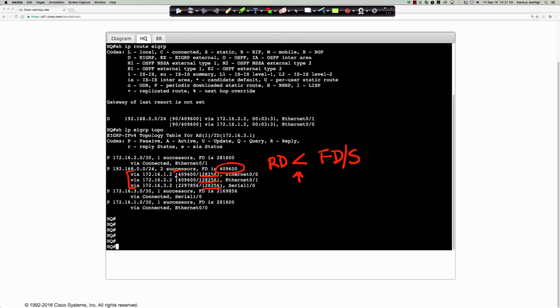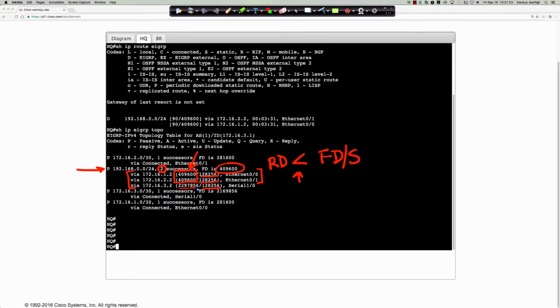Now, keep in mind, we have two equal cost successors here, so we will be doing equal cost multipathing over those two successors. And you can see it tells us we have two successors, which means we have two equal cost paths to the successor route.